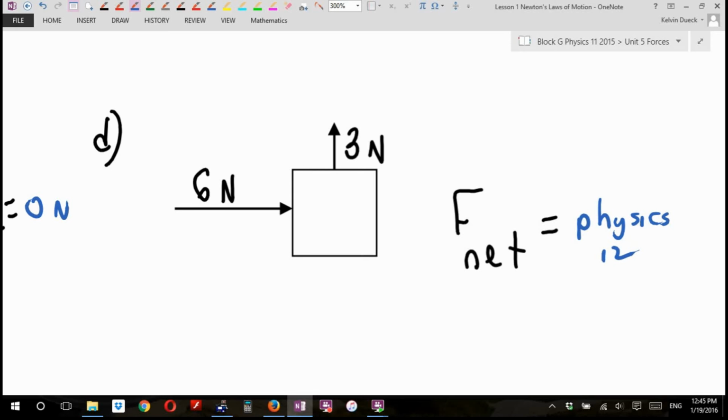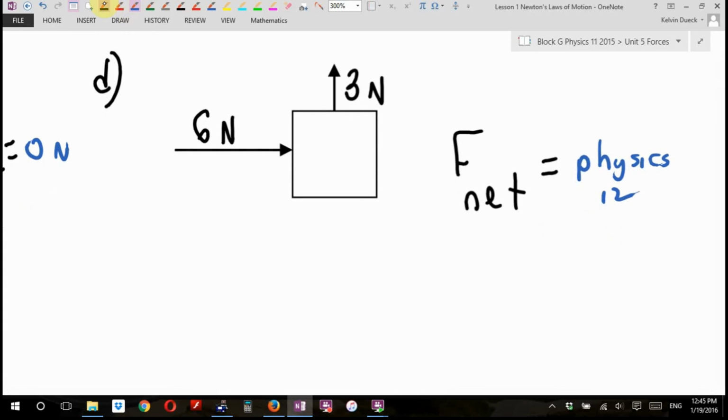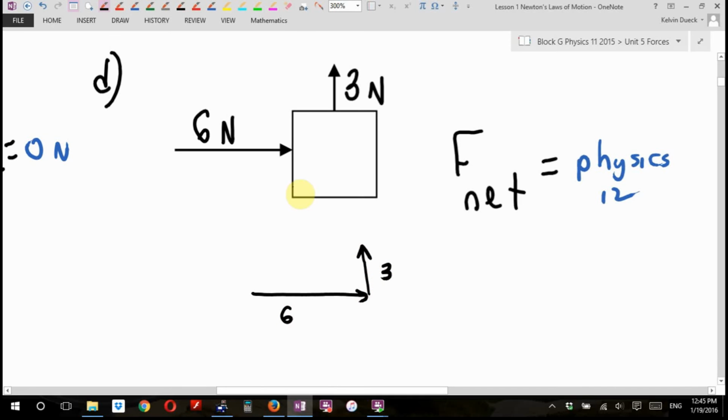Now, as a preview of coming attractions, I'll tell you what we do. We would actually go like this. We would say, that's the answer. We would use Pythagoras to find how long it was. And then we would use SOHCAHTOA trig to find an angle.